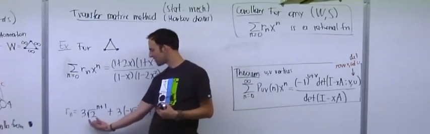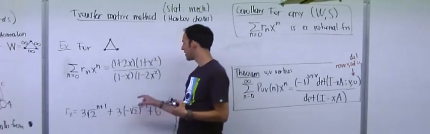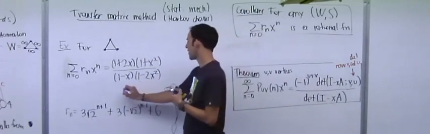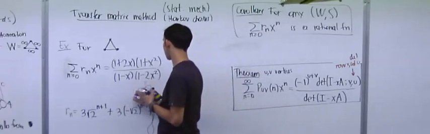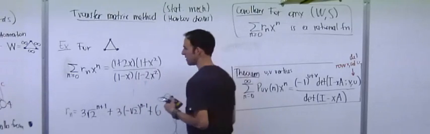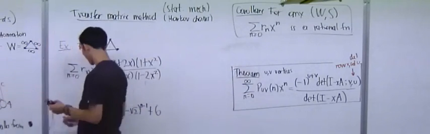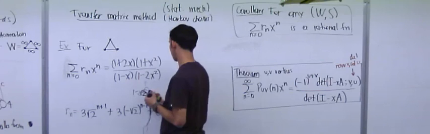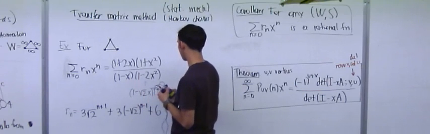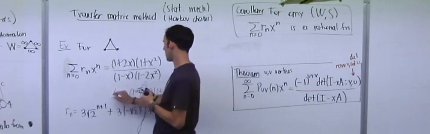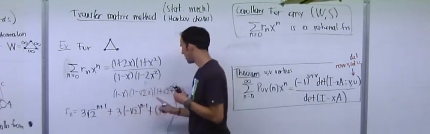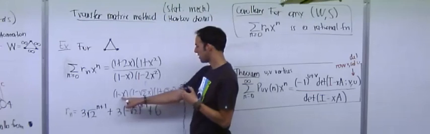But I am sure that there is a root 2 and a minus root 2 here, because when you factor this, you have to factor the denominator. And this is 1 minus square root 2x times 1 plus square root 2x times 1 minus x. And the numbers that appear here are square root 2, minus square root of 2, and 1.